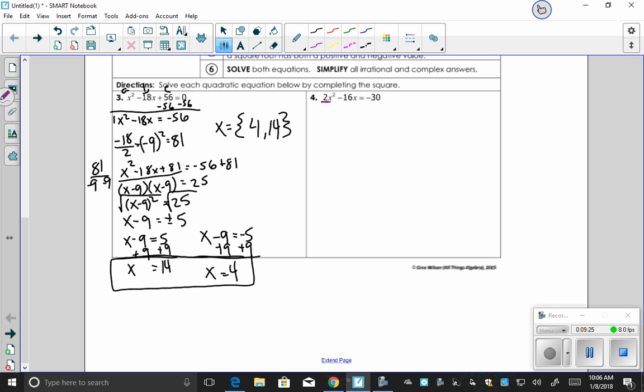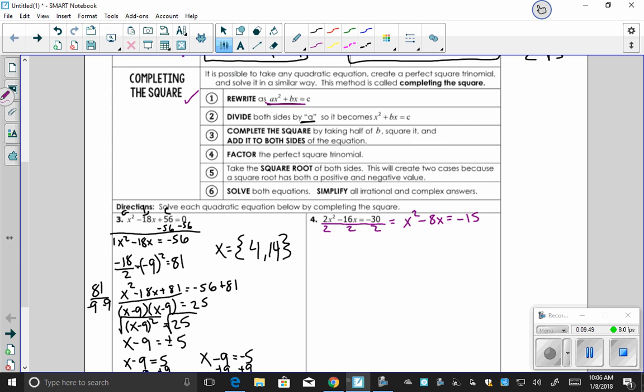So because a is 2, I'm dividing everything by 2. So 2 divided by 2 is x squared. Negative 16 divided by 2 is positive 8x equals negative 30 divided by 2 is negative 15. Step 2, done.